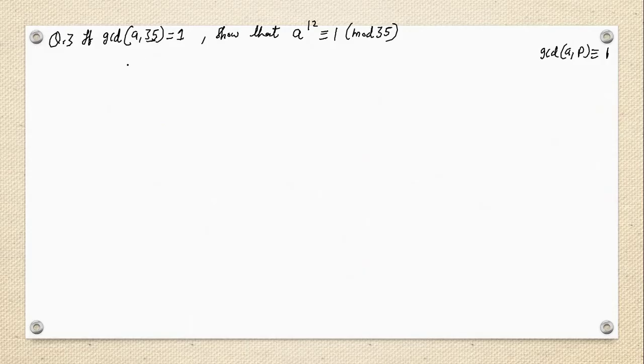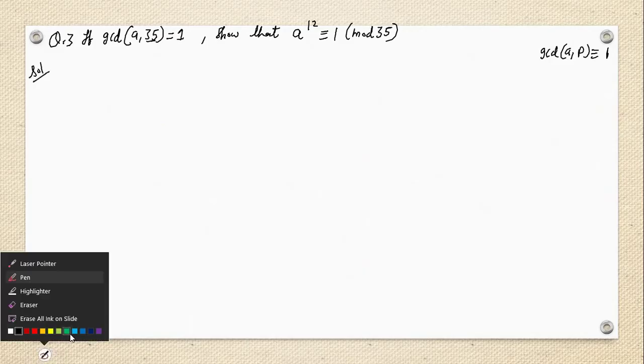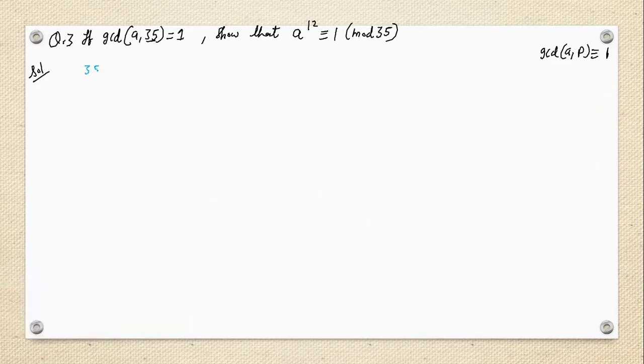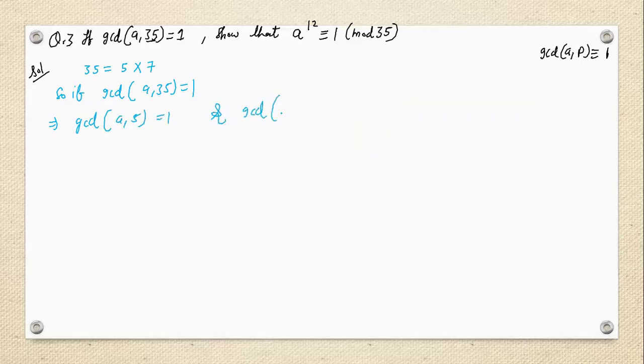So what you can say is that 35 can be broken as 5 multiplied by 7. So if GCD of a comma 35 is 1, then GCD of a comma 5 will be 1, as well as GCD of a comma 7 will always be 1.